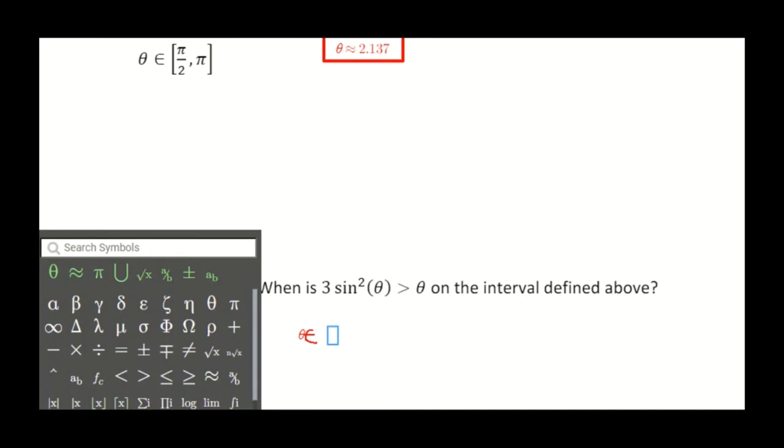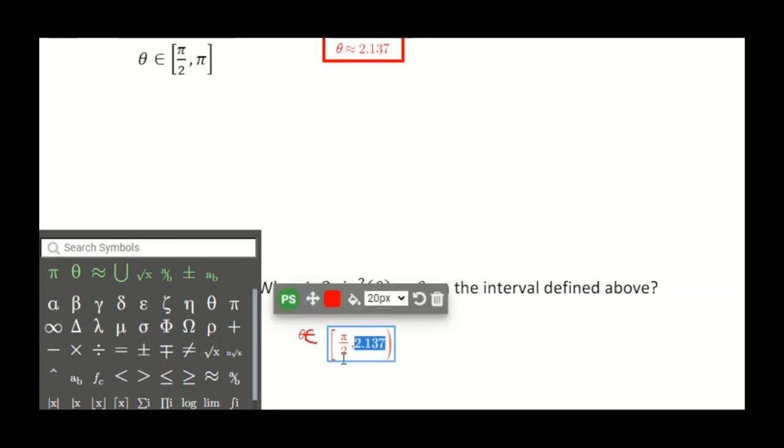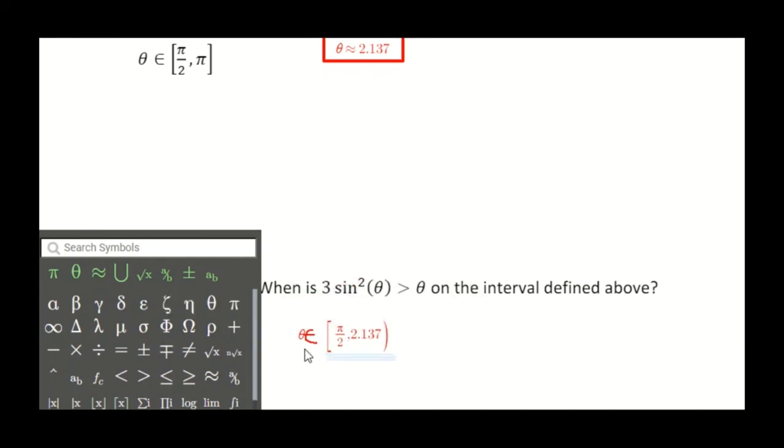We got pi over 2, comma 2.137. All right. And that's it. And the reason why we don't want to actually include this is because they're actually equal there. So this function is not greater than theta at this point, but it is at pi over 2 at the beginning. So that's going to be your solution there.